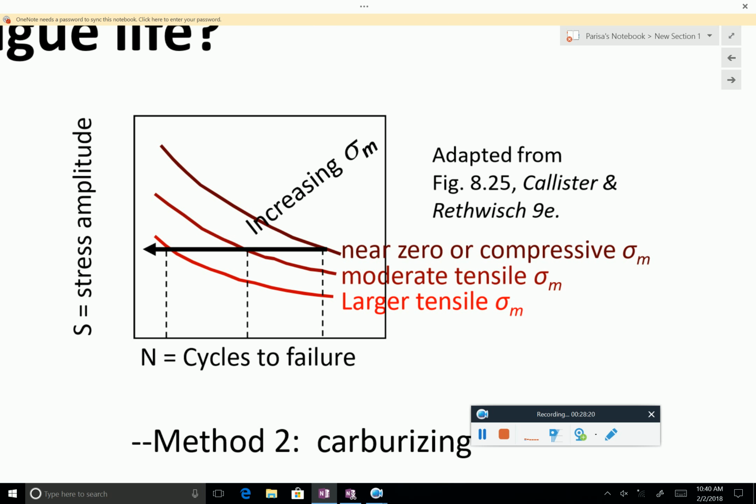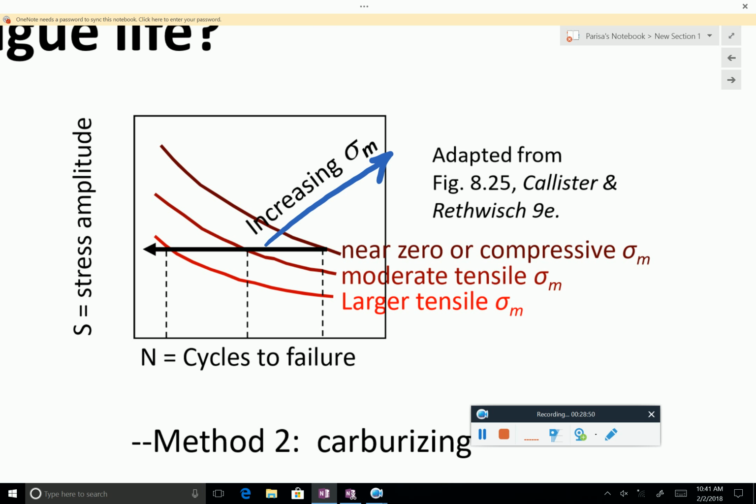So what that tells us is that if the material is going through cycles of tension compression, and we find a way to increase the mean stress such that it doesn't go through tension a lot, we can improve the fatigue level. We can increase the area under the curve, so we are less likely to be in the unsafe region.